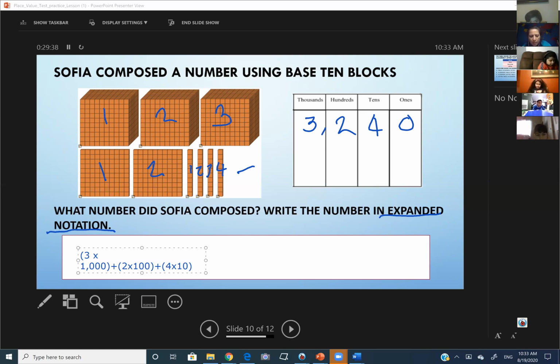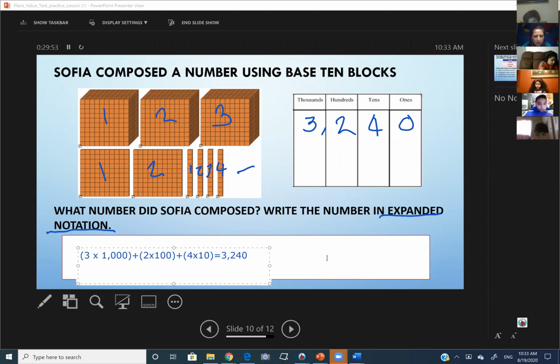So I'm going to put my equal, and after my equal, I'm going to put my answer, which is going to be 3,240. So this is what I was expecting. This is my expanded notation, and this is the answer to it.